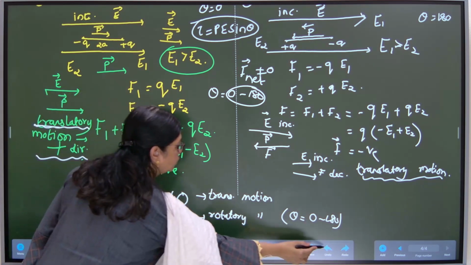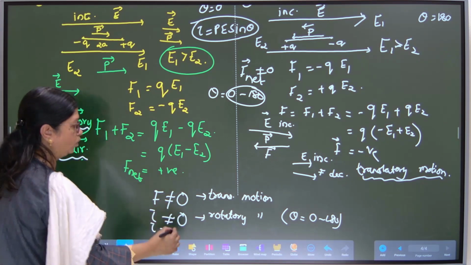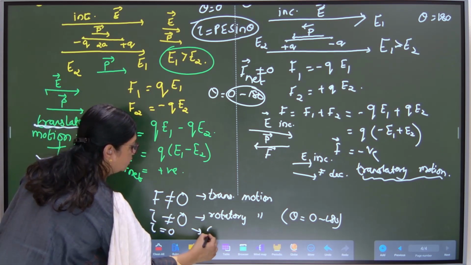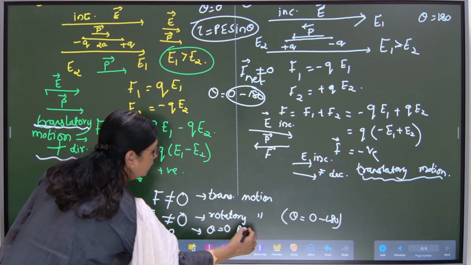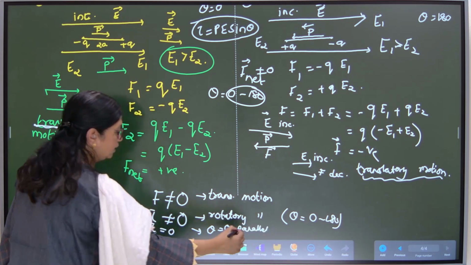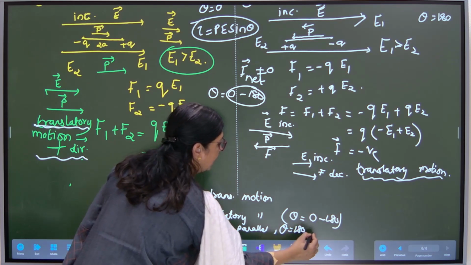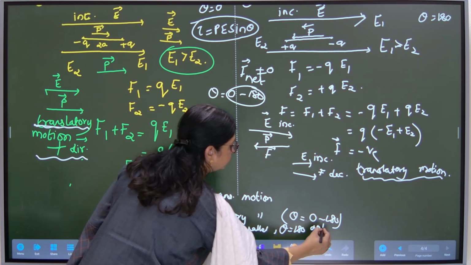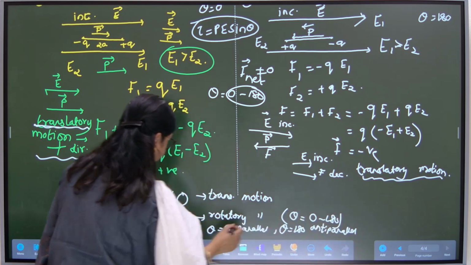When is tau equal to 0? For this case, tau is equal to 0 if the orientation is theta equal to 0, parallel, or theta equal to 180, anti-parallel. These are the markers. Okay?